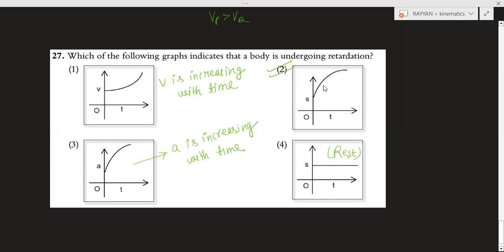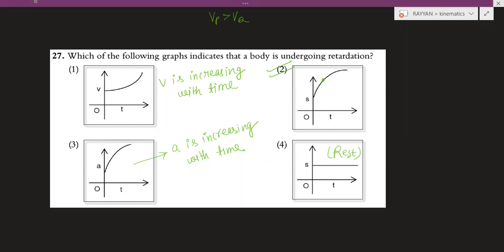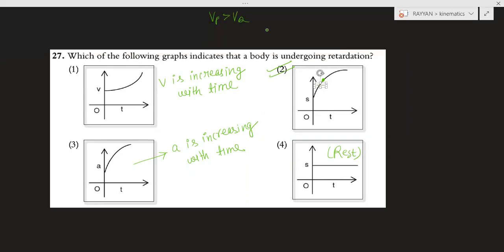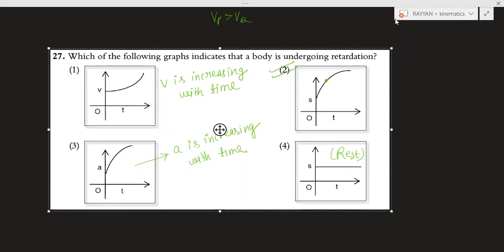I'm telling you how: you can take any point, and at that point you will draw a tangent like this. Then you will see the angle with the x-axis, and that will be the slope of this graph.